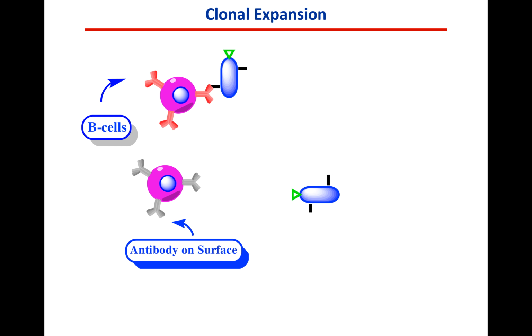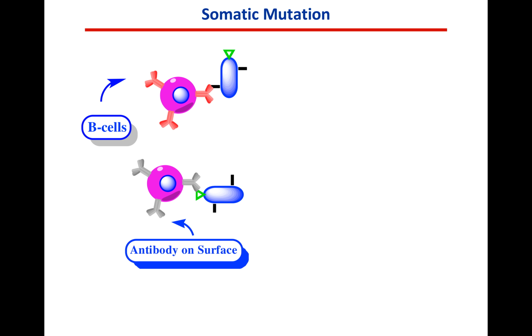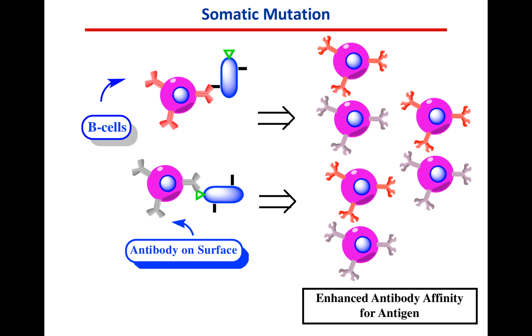Now, clonal expansion: once a B cell has been selected, the antibody on the surface of the B cell can undergo what's referred to as somatic mutation, in which it will undergo an evolutionary process to make variants of that antibody that will interact much more strongly with the antigenic determinant, evolved to bind it much more strongly.